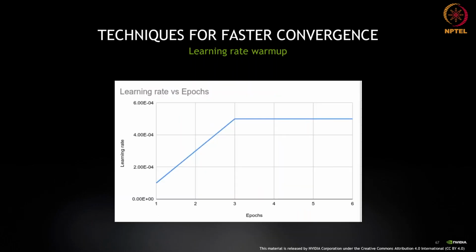But one side effect with the linear scaling rule we saw in the last slide is that it breaks down when the network is changing very rapidly. And as you would know, the rapid change of network generally happens in the early stage of training because all of your weights are random and you are changing at a very high rate. This issue can be alleviated by a properly designed learning rate warm-up, a strategy of using a less aggressive learning rate at the start of training and increasing it gradually.